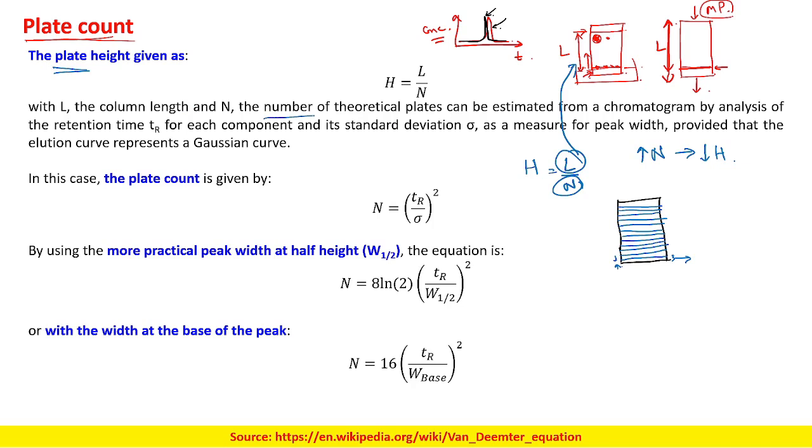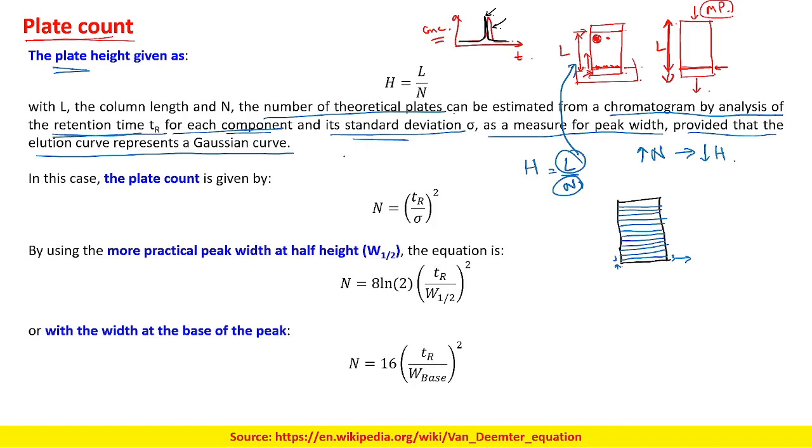The number of these theoretical plates can be estimated from a chromatogram by analysis of the retention time for each component and its standard deviation as a measure for the peak width, provided that the elution curve represents a Gaussian curve.